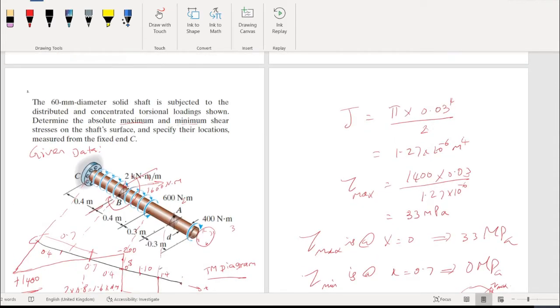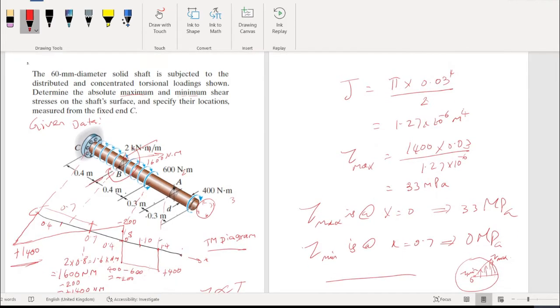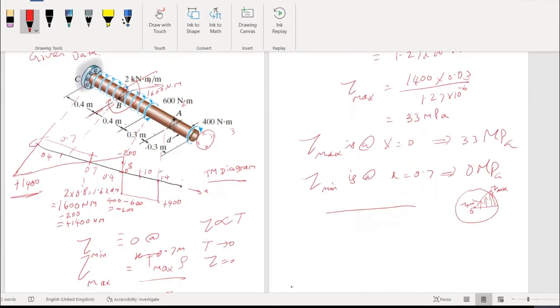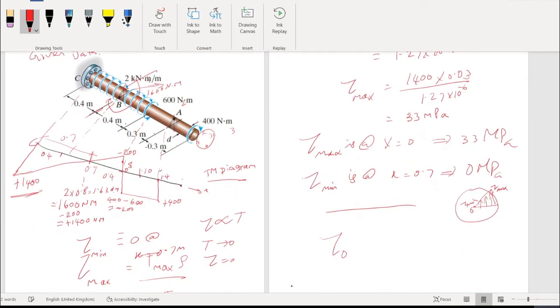Okay, you are asked to find maximum and minimum shear stress. We apply the fact that shear stress is equal to 0 at the midpoint, or at the center. The distribution of shear stress starts from the center, away from the disturbances.